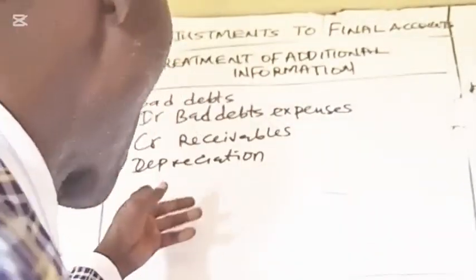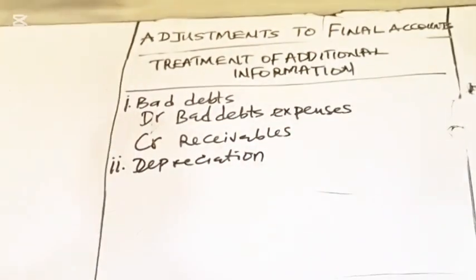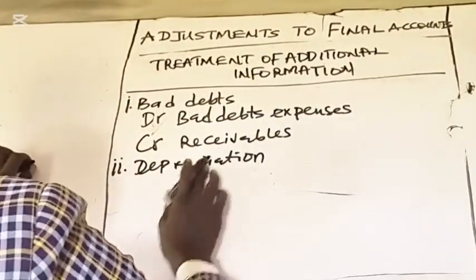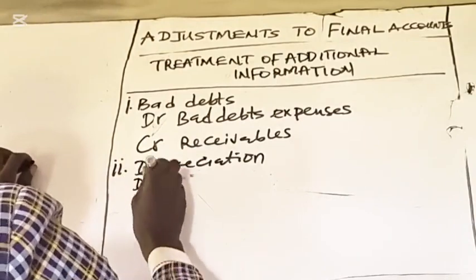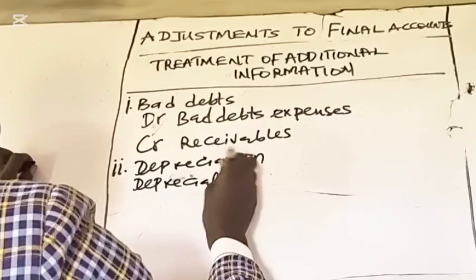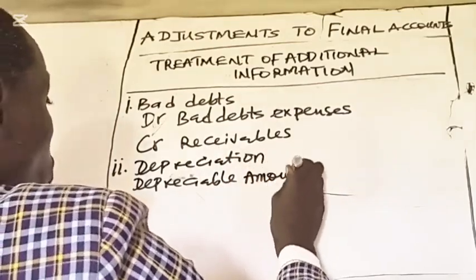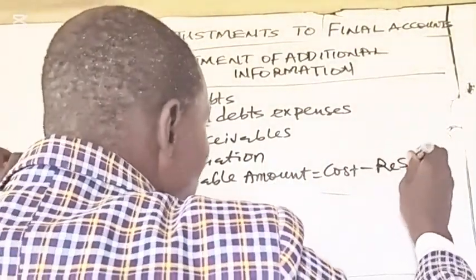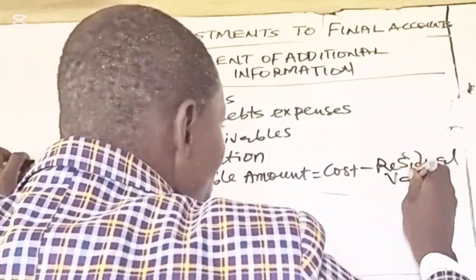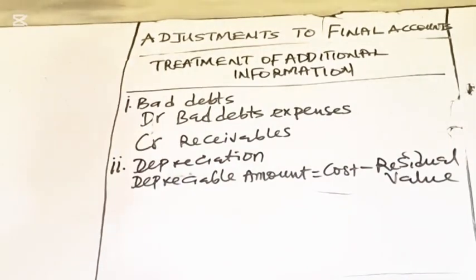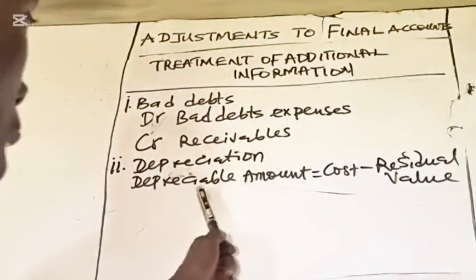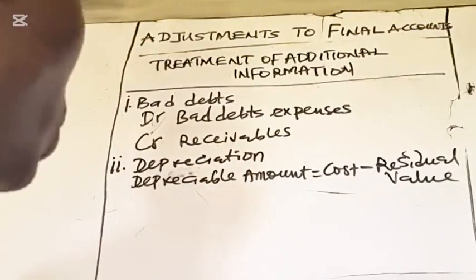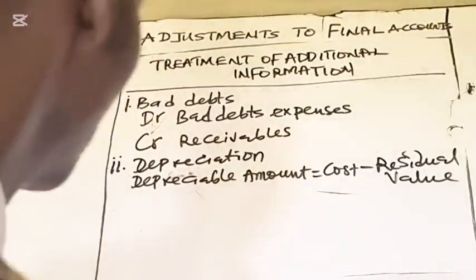The depreciable amount equals cost minus salvage value or residual value. So depreciation is covered in IAS 16, property, plant and equipment. If you want to learn more about depreciation, go and watch my video on IAS 16. So the part not yet considered will be released soon.